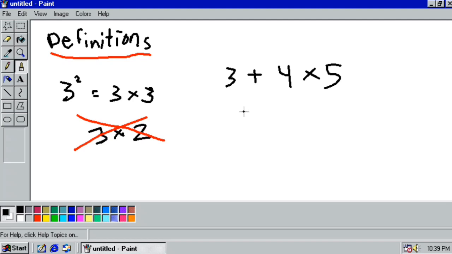We have agreed to do multiplication before algebraic addition. So this expression represents the number positive 23, since 4 times 5 is 20 plus 3. So the answer is 23. This rule is called the MDAS rule.